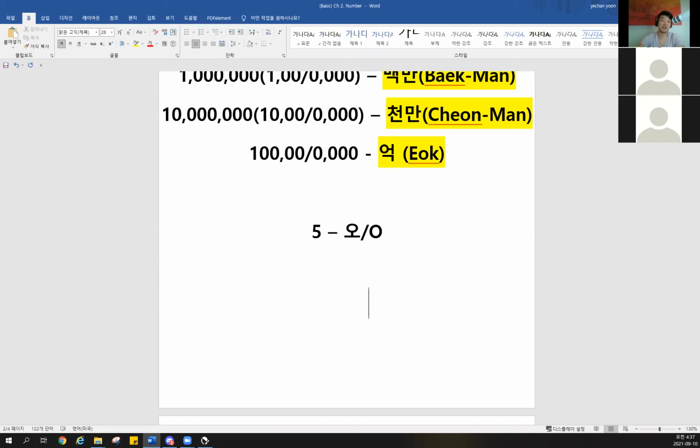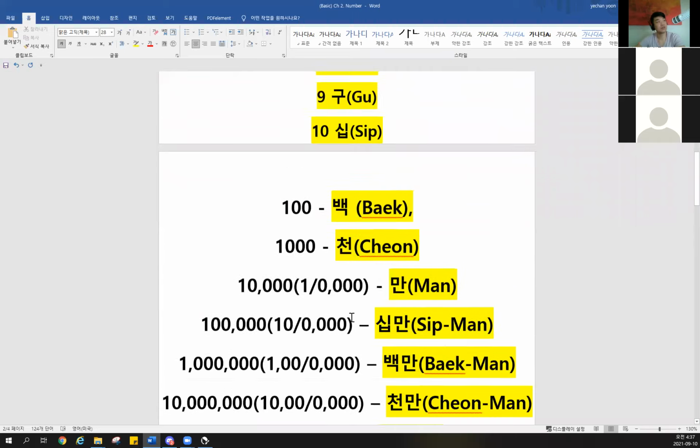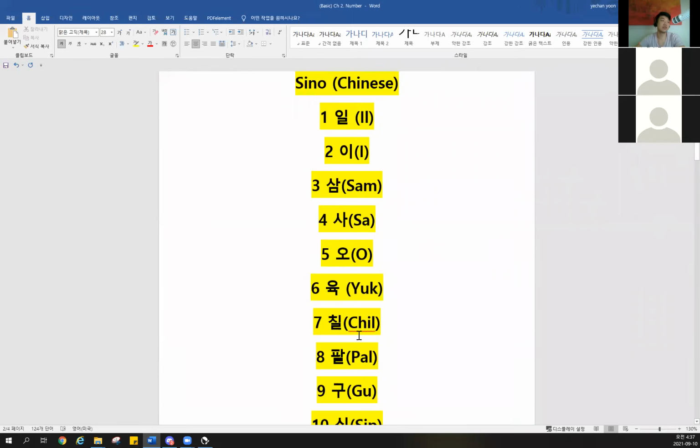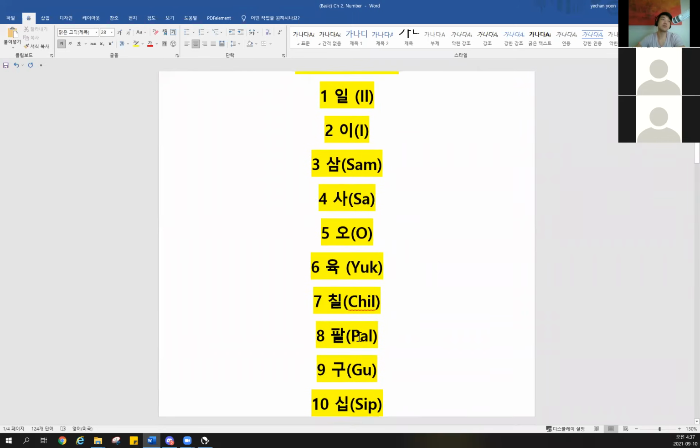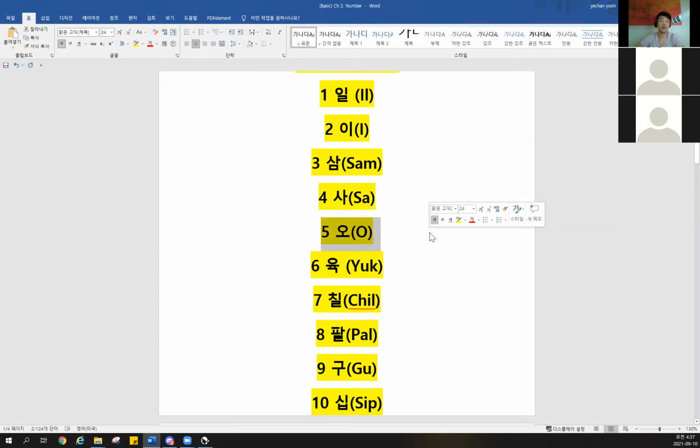Okay, then how can you say 15, everybody? I'm going to give you the example. 15 is going to be 10 plus 5, right? The format is going to be 10 plus 5.